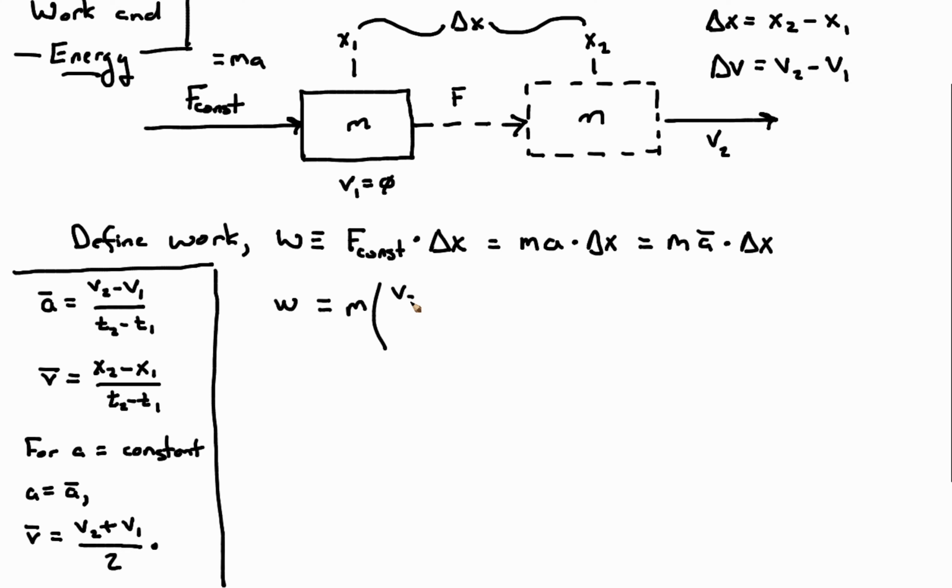It's the velocity at this point minus the initial velocity, which in this case is 0, but it doesn't have to be 0. We're just using 0 as an example. It could be a different value, divided by the time between these 2 points. So that would be the time when we stopped applying the force minus the time that we began applying the force. So that's just the average acceleration. That's just this equation here. And then we have a delta x, but we already know that delta x is just x2 minus x1. So we're just going to have x2 minus x1.